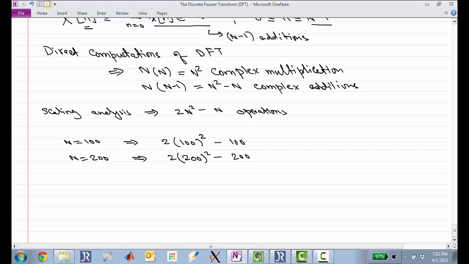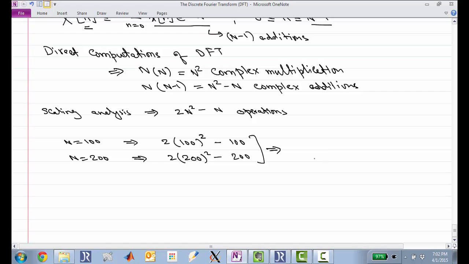Now, if I ignore the minus N factor, what this says is that as the length of my sequence increases, or as the number of points that I want to compute for my DFT increases, the amount of time it will take my computer to generate the result will increase quadratically, right?